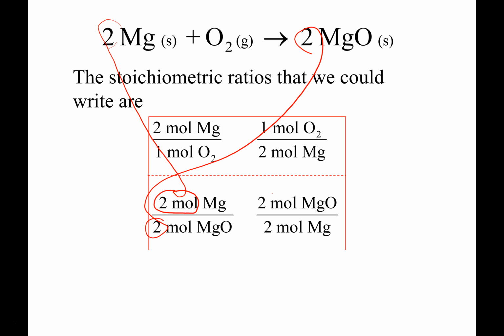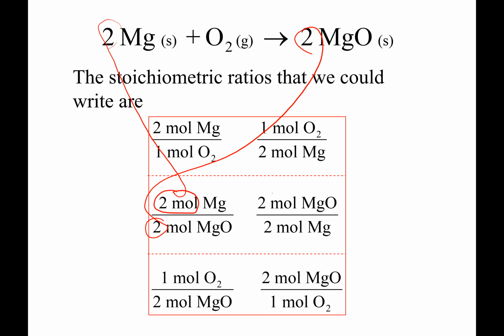Of course, the relationship the left and the right one have are the inverse of each other. So the inverse could also be said. One last one: what's the relationship with regard to moles of O2 and moles of MgO? We can do 1 mole of O2 over 2 moles of MgO, or 2 moles of MgO over 1 mole of O2.